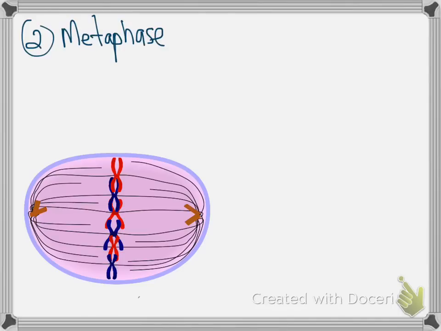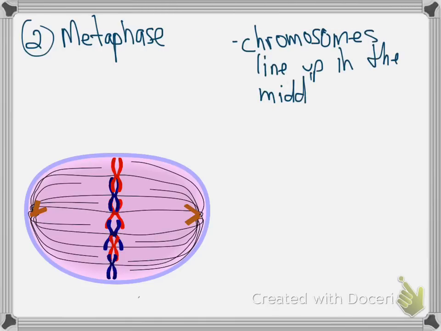The next stage of mitosis is called metaphase, and again, you see some very distinct differences within the cell. The first thing you'll notice is that all of the chromosomes have lined up in the middle of the cell. The second thing is that those centrioles have released those black lines, and now they're very long. Those black lines are called spindle fibers.